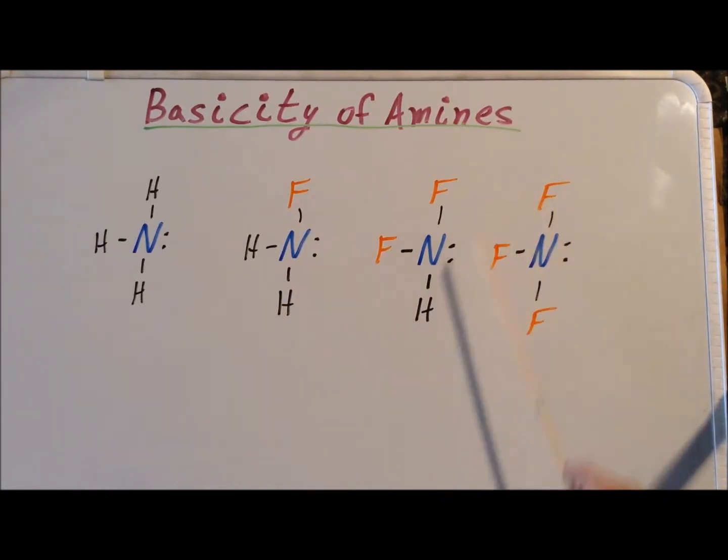And then if we have three fluorine atoms, three very, very electronegative elements, all pulling electron density onto themselves, less electron density is available in the lone pair on the nitrogen. So we would predict, and calculations confirm this, that this is by far the weakest of the bases of this series.